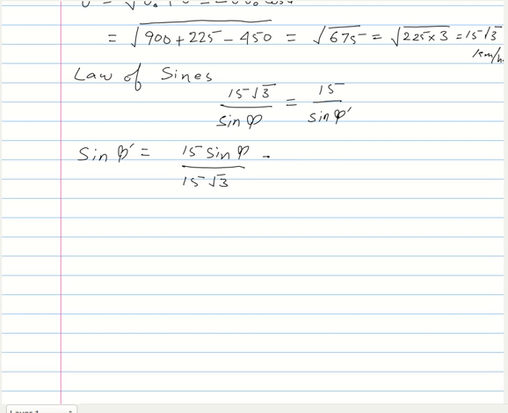Phi is 60 degrees, so we have 15 into root 3 by 2 divided by 15 root 3, and this root 3 cancels out here, and we get half. So phi dash is equal to sine inverse of half, which is 30 degrees, or pi by 6.